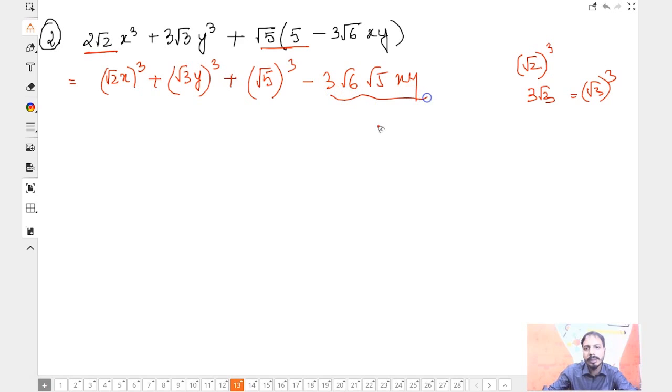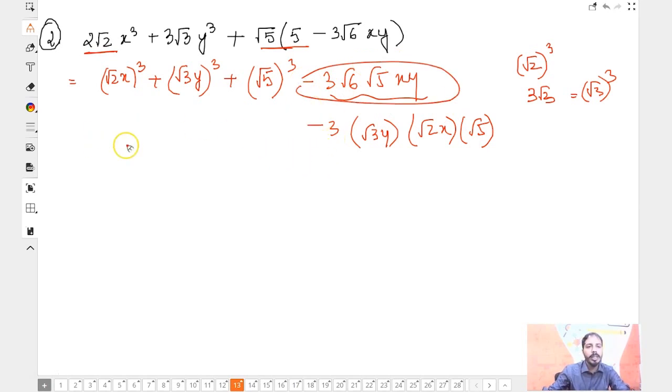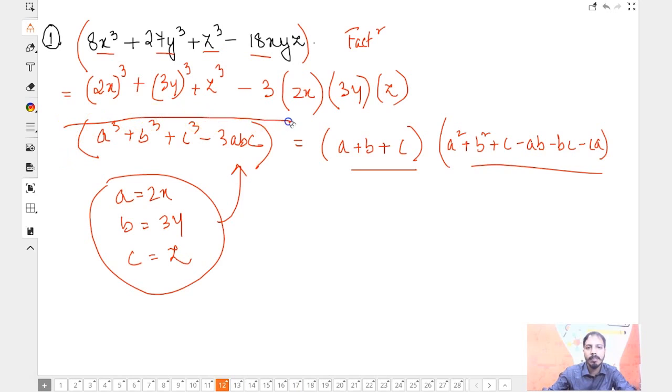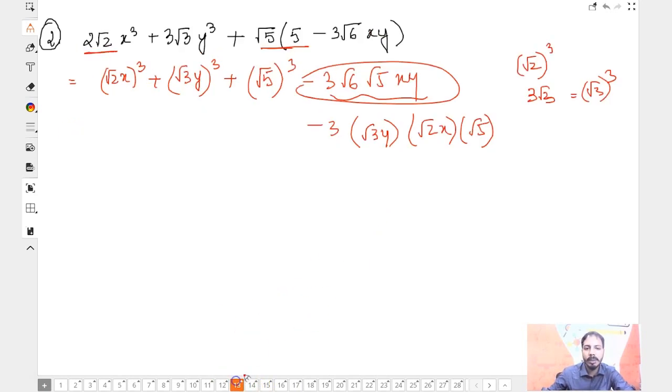What do I do to this term? I can write it as minus 3 into root 3y into root 2x into root 5. Right? So I can write this term in this way. So now again I can apply this same identity here, and in place of ABC, now I have this as A, this as B and this as C. Just put the values, find the factors. Simple.